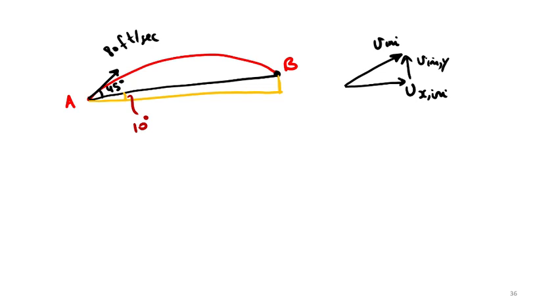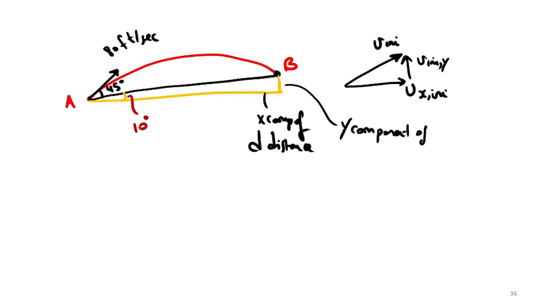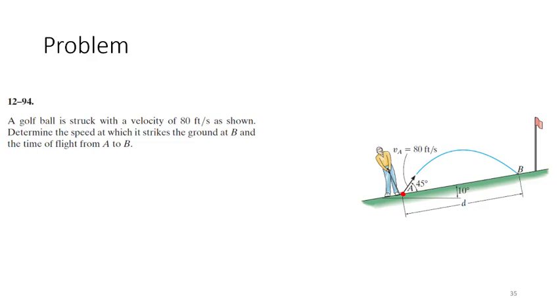And similarly here you can see the d distance is inclined, and this is the x component of the d distance, and this one is the y component of the d distance. So you have to make sure that you understand that our x-axis is this one.